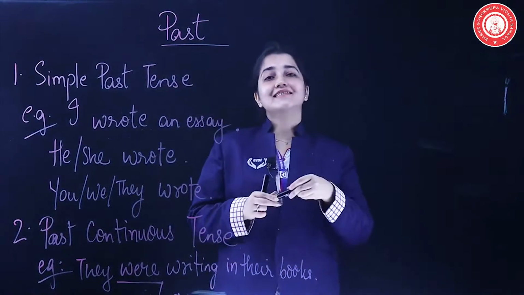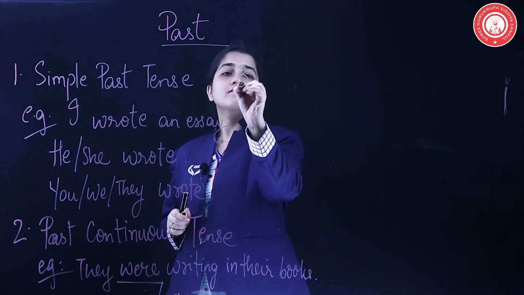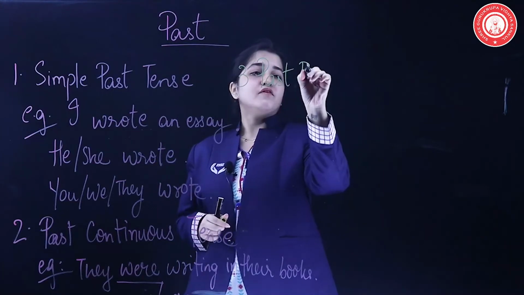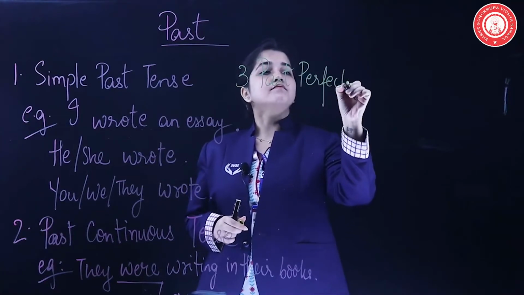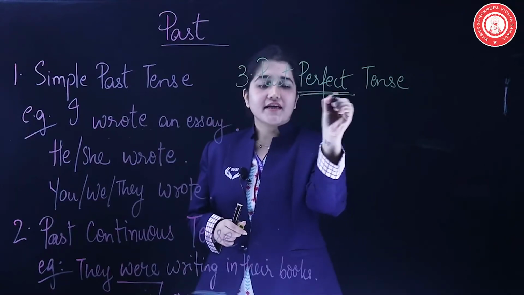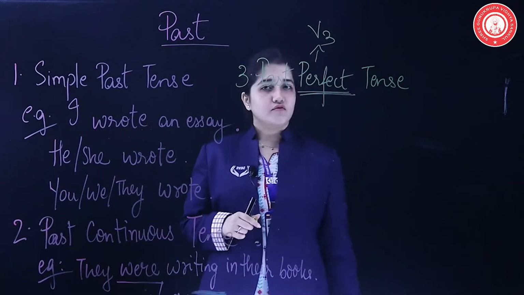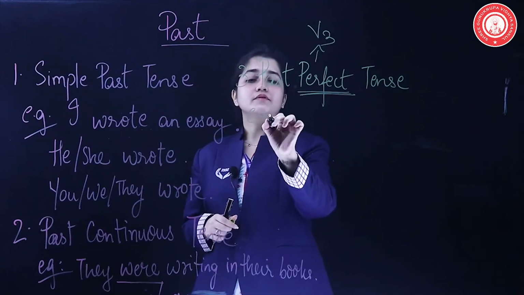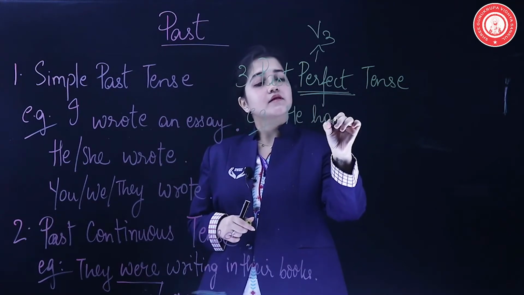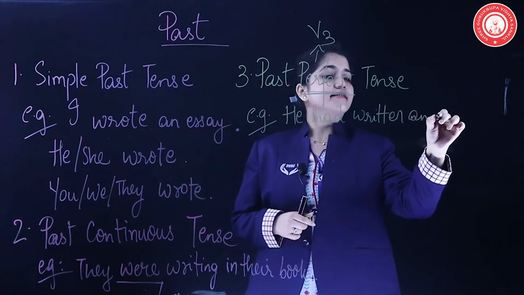Moving on to the next type of the tense in the past time frame. Past perfect tense. Now, because it's perfect, like I already said earlier, we are going to be using the third form of the verb. For example, he had written an essay.